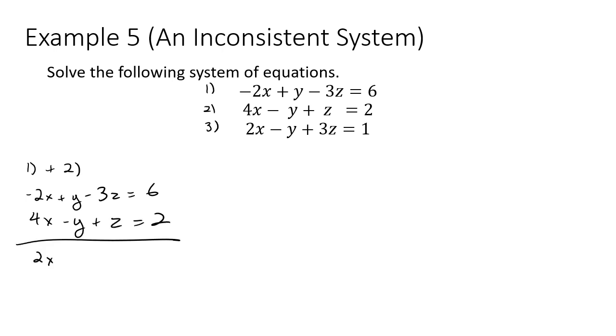So that would give us a 2x minus 2z is equal to 8. And then I'm going to add 1 and 3 together to eliminate a y.